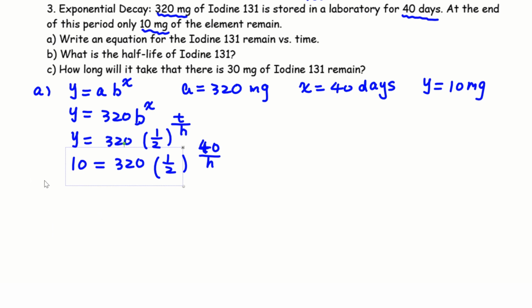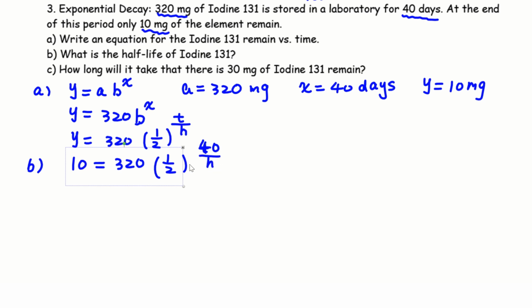So this is the equation, converting the sentences into this equation. And when we want to find the half-life, we bring the numbers to the other side and try to solve for the exponent.